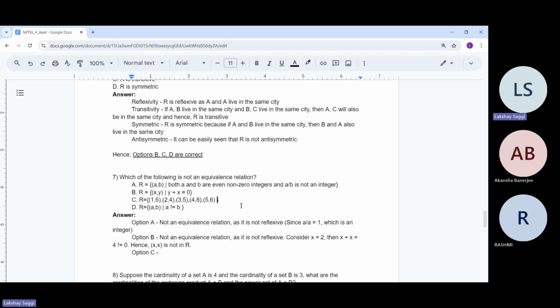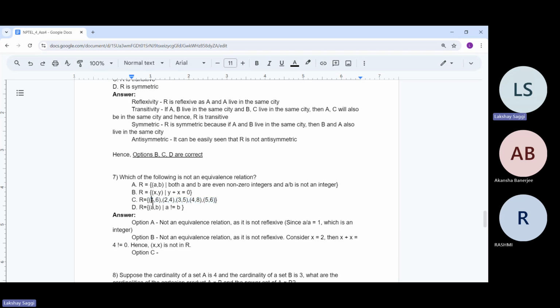Is this relation an equivalence relation? This can also be easily seen to not be one. All of these relations do not even come out to be reflexive actually.